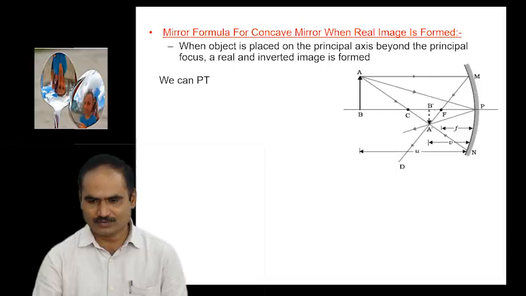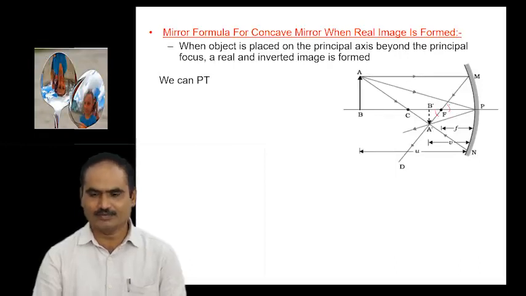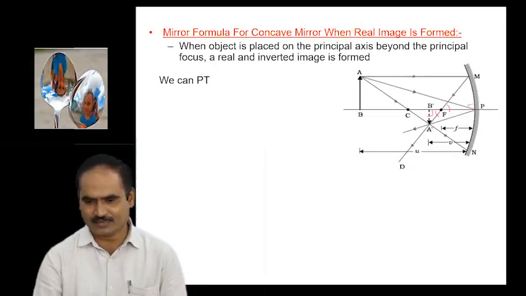Now these two angles, this angle and this angle, are equal because they are vertically opposite angles. And this angle, that is angle A dash B dash F, and this angle MPF, are perpendicular. Even if you do not agree, what we do is we consider a line here like this and we can take it.